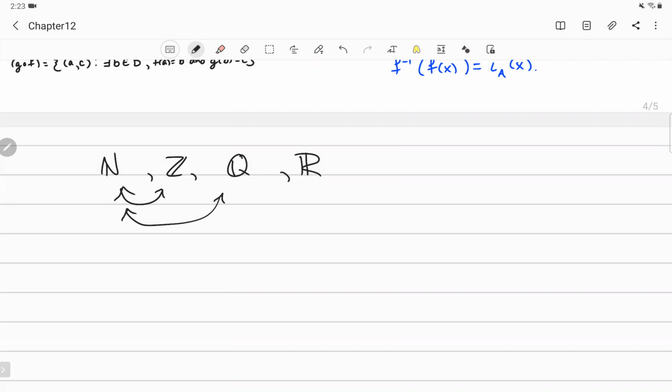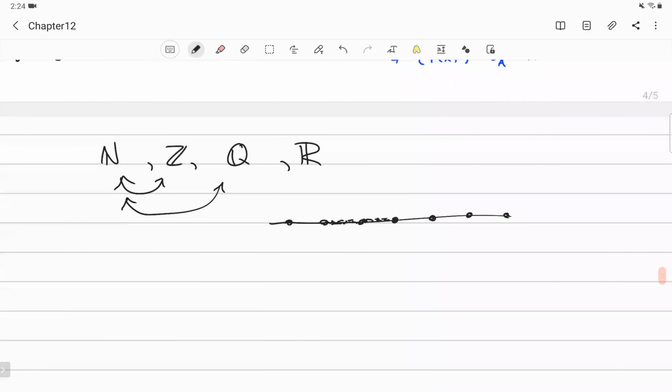That's crazy when you think of it visually, because on the number line, the natural numbers and the integers are just separate dots, right? But the rational numbers would be dots throughout this whole space. And yet they're the same type of infinity, but the reals are different. So let me give you a gist of how mathematicians come to this.